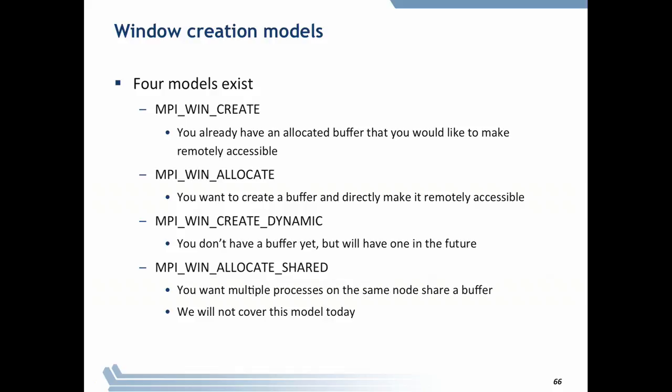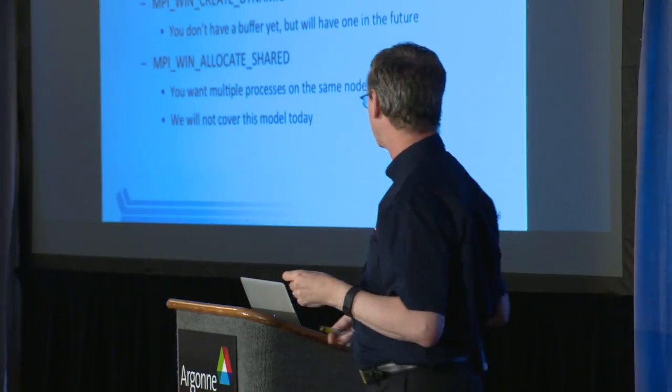So there's a different kind of window object that essentially gives you a window object with no memory attached to it, but allows you to attach memory to it as a local operation in the MPI sense. What that means is it's not collective. Any process can call the routine to attach memory to the window object, and it doesn't have to synchronize so that all the processes are calling it. So you can allocate some memory and say, then attach this to this window.